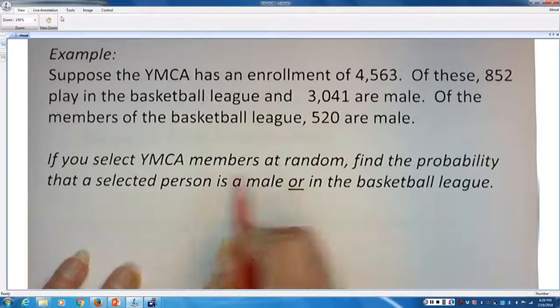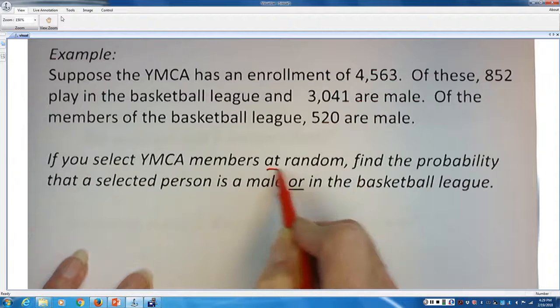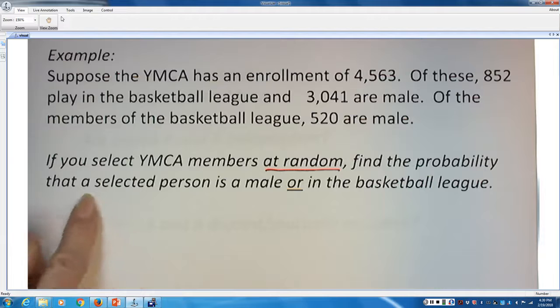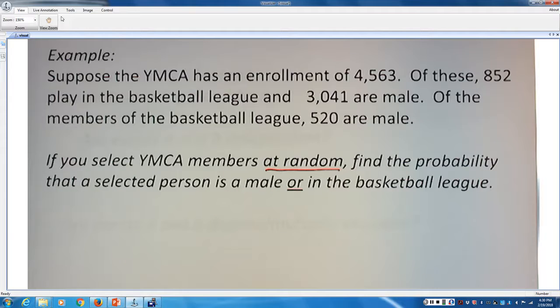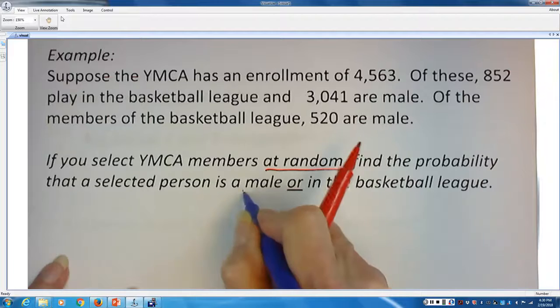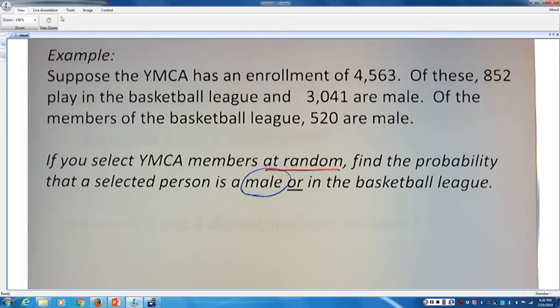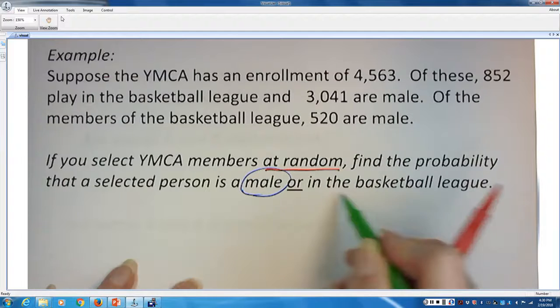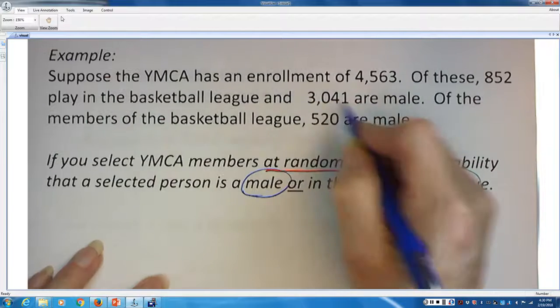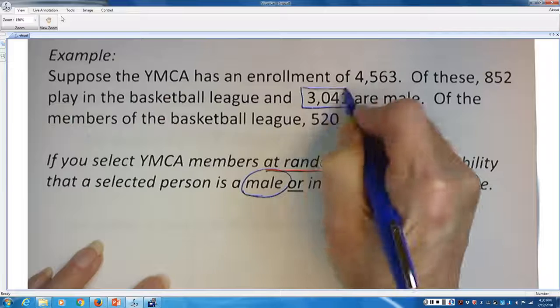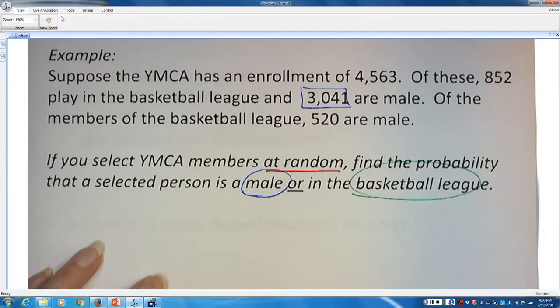So if we select YMCA members at random, we're going to choose one. Find the probability the person we select is either a male or they're in the basketball league. Now the first thing that you would think about doing here is say, okay, how many men are there? Okay, there's a total of 3,041 men.